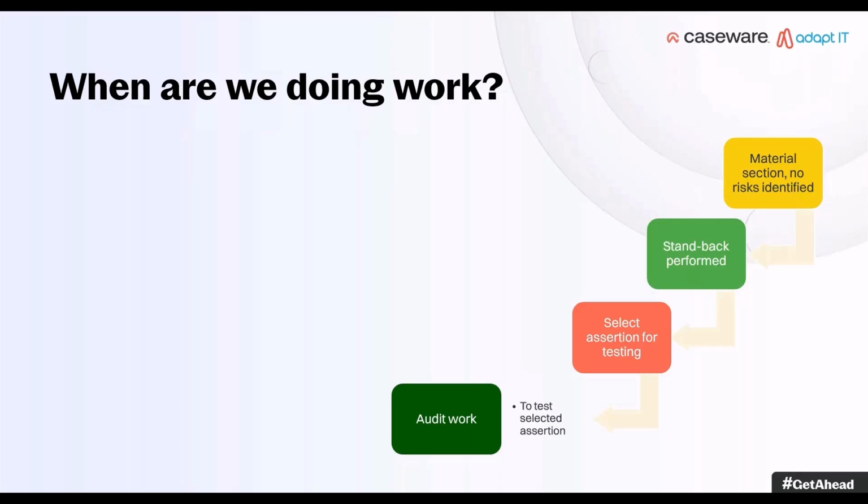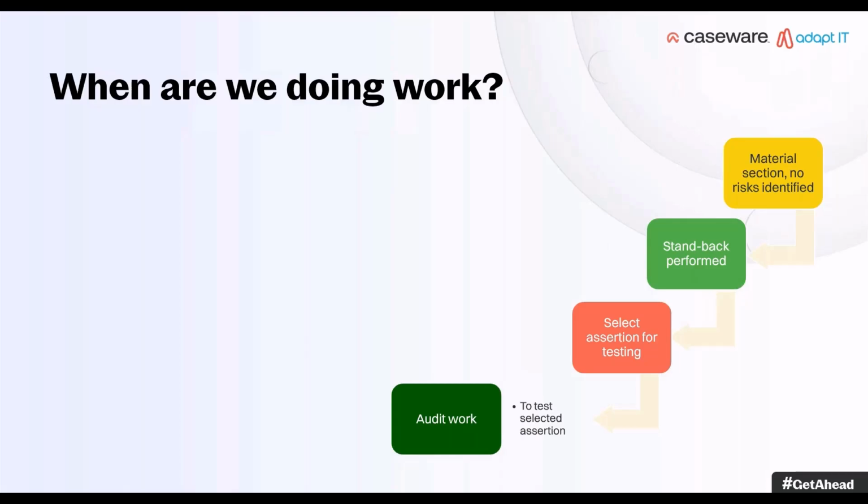So that would basically be your most likely assertion that could go wrong. And just the fact that you're identifying that, of course, does not say that there's a risk. We do treat those differently. So once I've got a so-called selected assertion, that is where we are going to do field work. And to test the selected assertion will just basically require work procedures to respond to that assertion.